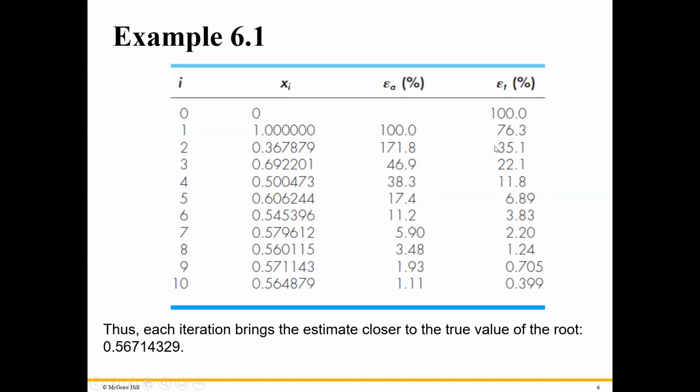That means almost 0.5 to 0.6 times the value each time the percentage true error was reducing. So in this case, the convergence to the solution is in a linear fashion. It is not too bad, but it is also not too good compared with some other methods.